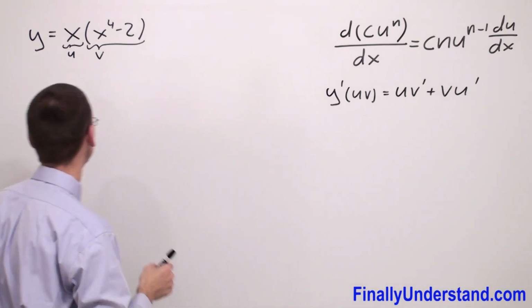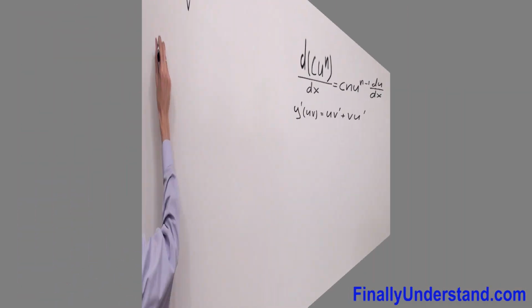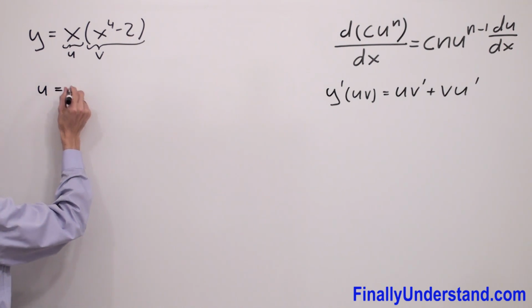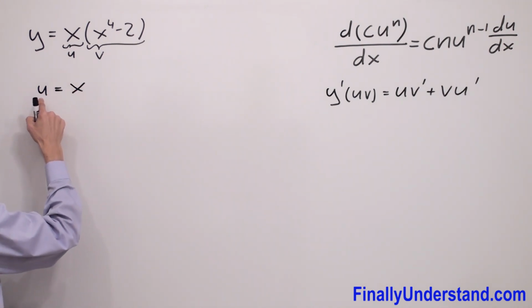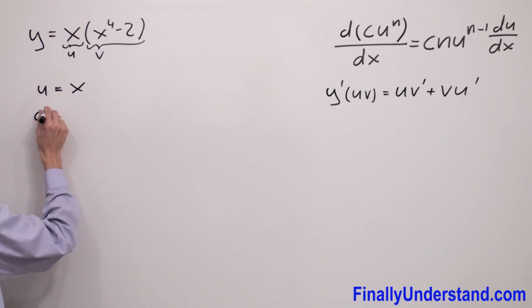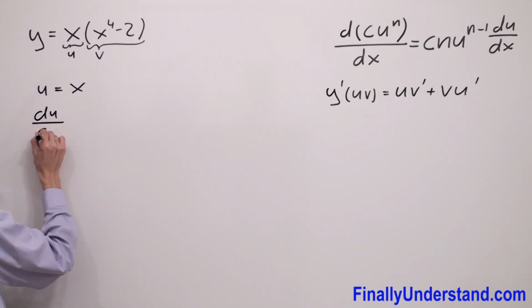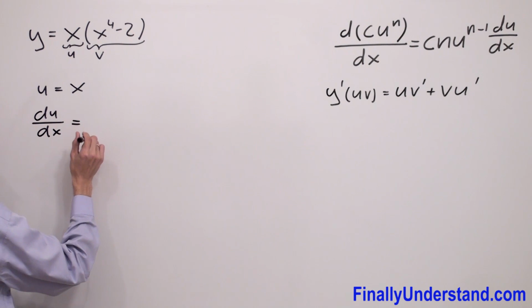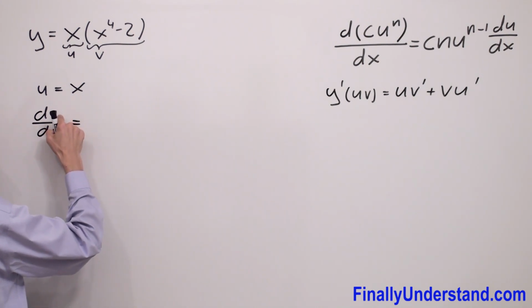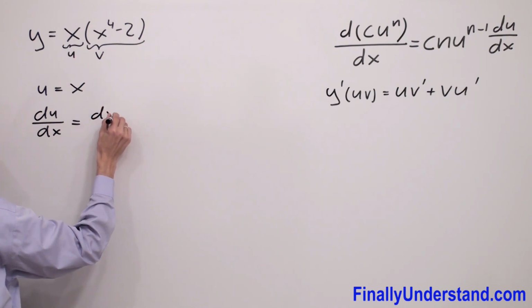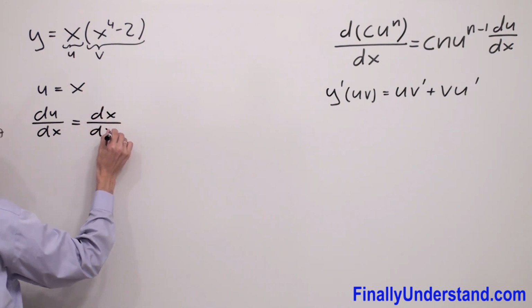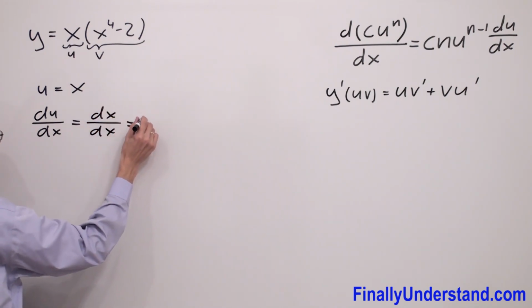So first, I'm going to find the derivatives. u equals x. If you want to find the derivative of u, you're supposed to write du over dx is equal to, instead of u, whatever I have over here. So I have x, so I have dx over dx. dx over dx is equal to 1.